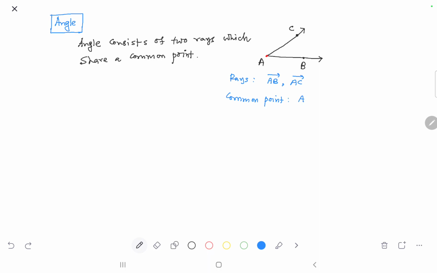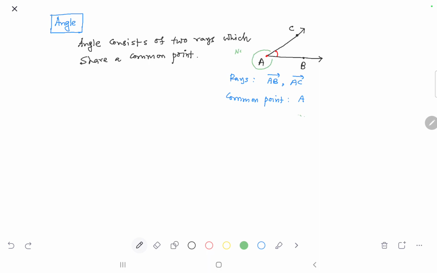Okay, Mohammed, right? So this actually we want, this turn. How much turn do you have here? So this we call the angle. Although there is one more turn, this turn we do not take. We take the interior turn. Maybe some people can take this one, but we do not take this one.